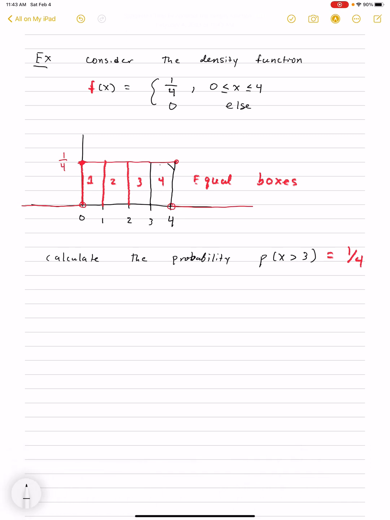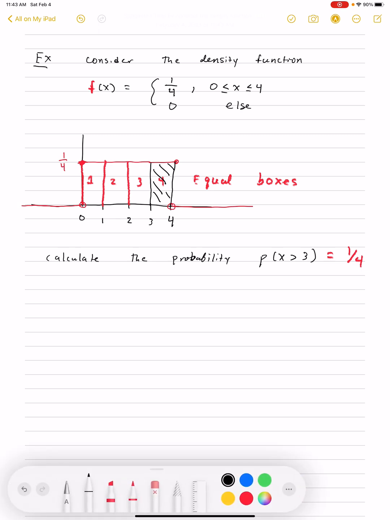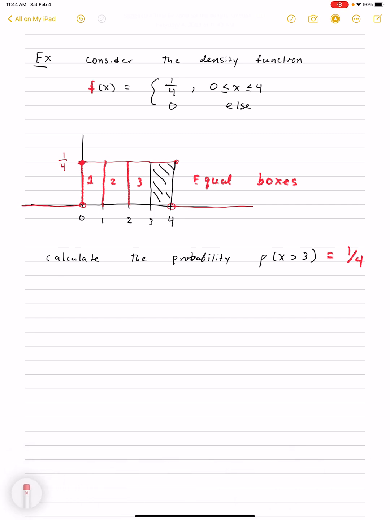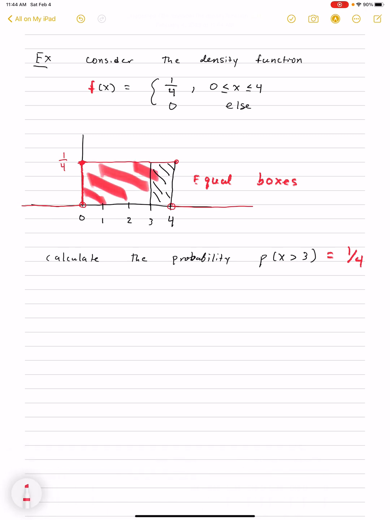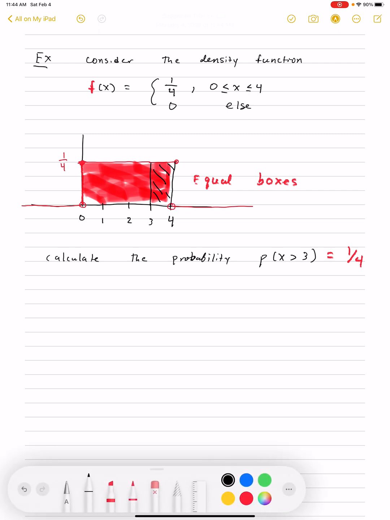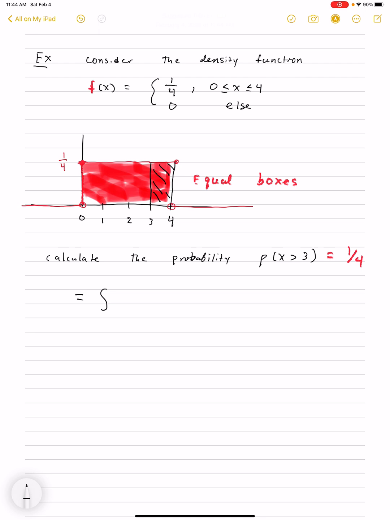The area of this box right here to this entire region, so the shaded to the entire region, this is given by the integral from 3 to 4 of f of x dx.